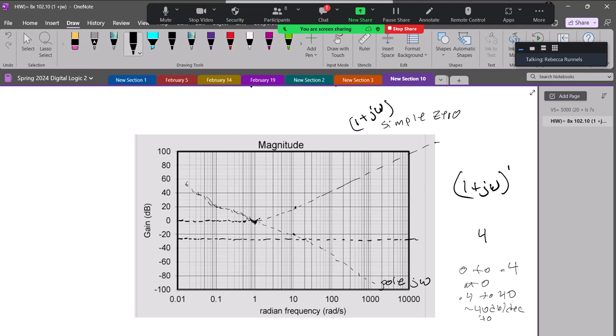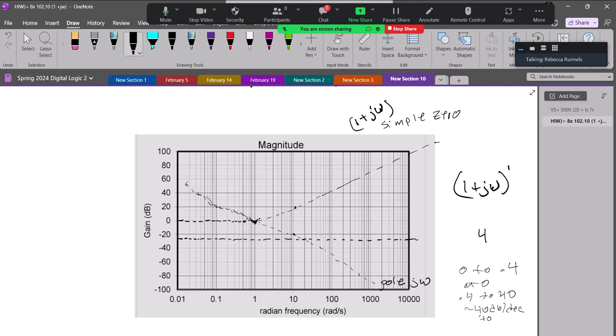Starting where? I guess from the center. Starting from at 4? Yeah.